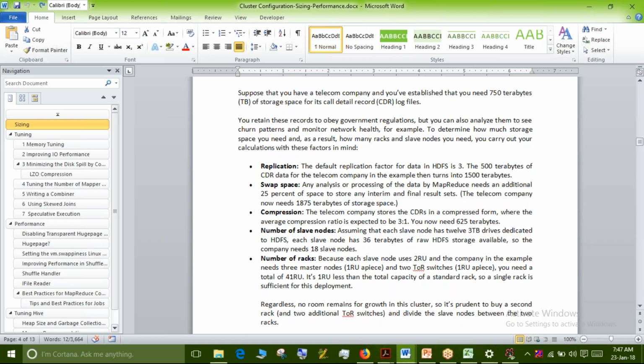and at what rate the data is growing. Maybe 2 TB every month or 4 TB every month, whatever.